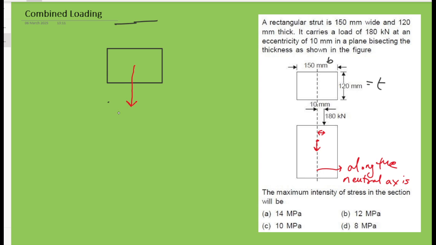When we shift the force, the force acting will be 180 kilonewton, but along with the force, a moment will also act along this direction, and the value of this moment will be M is equal to force into perpendicular distance. And what is this perpendicular distance? 180 kilonewton into 10 mm.